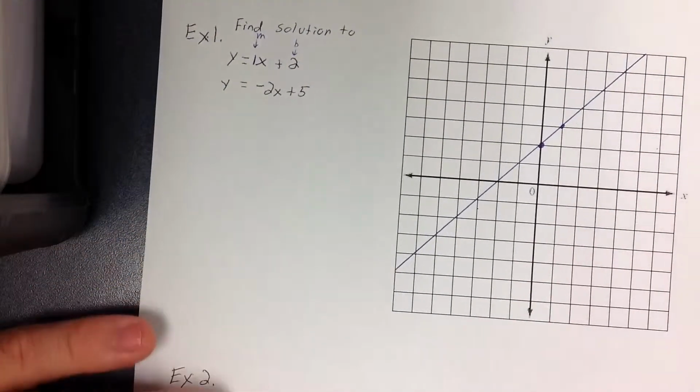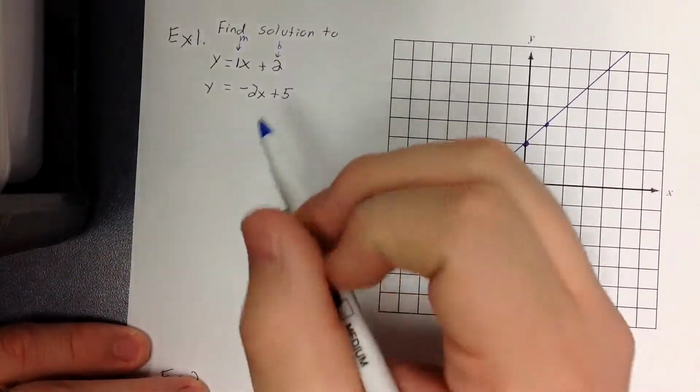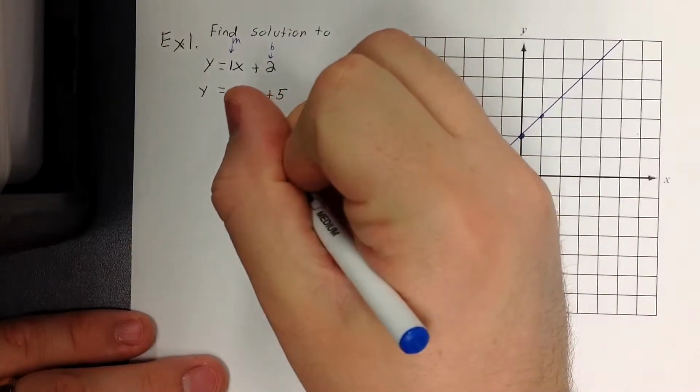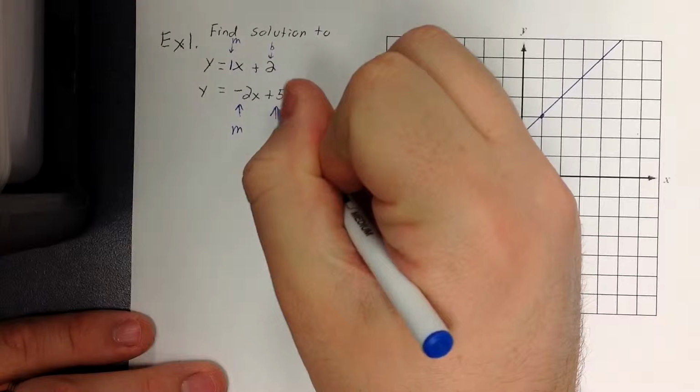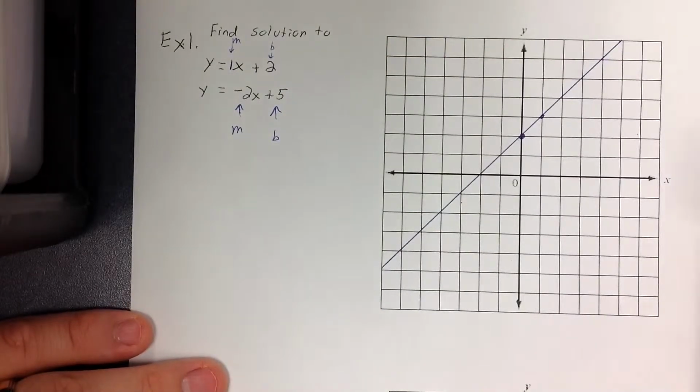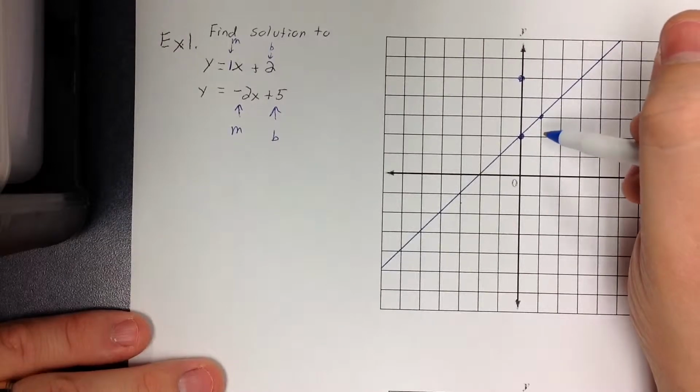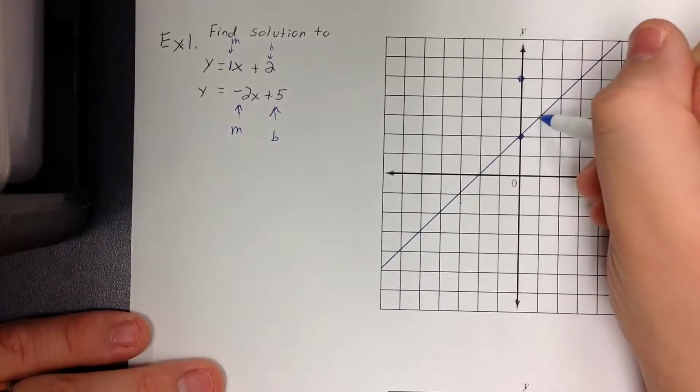The second line, y equals negative 2x plus 5, again, y is by itself, so it's in slope-intercept form. So we've got m and b. b is 5. m is negative 2, so I go down 2 to the right 1.